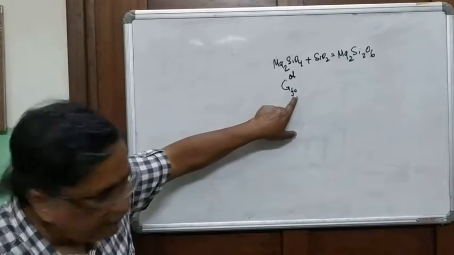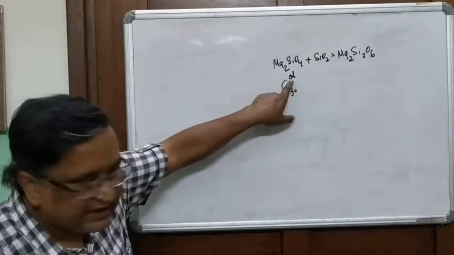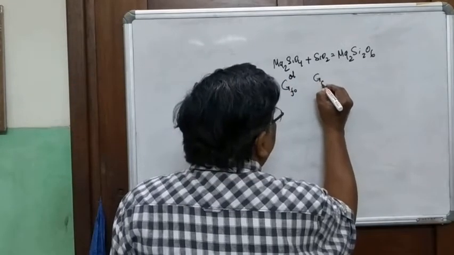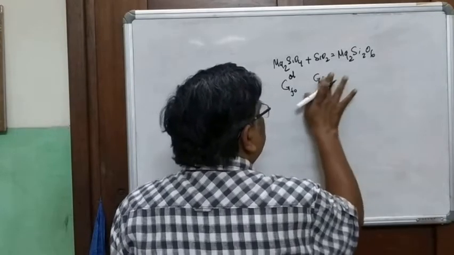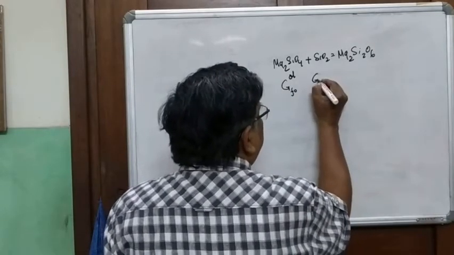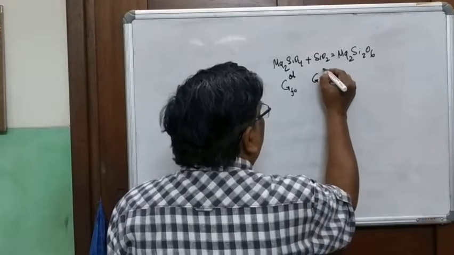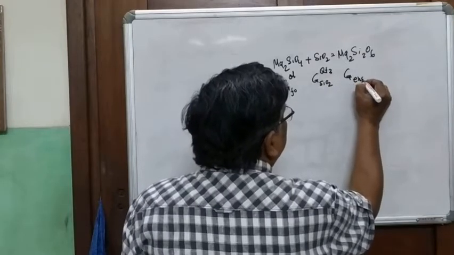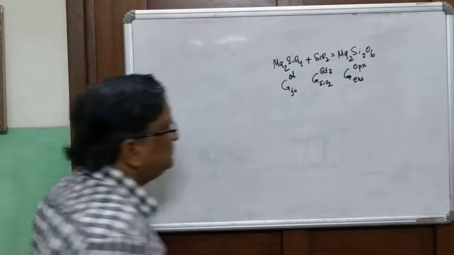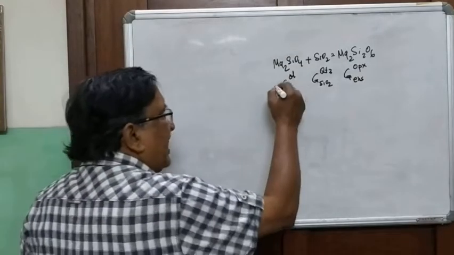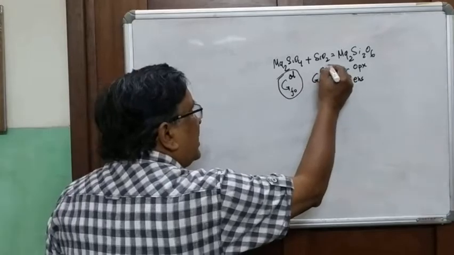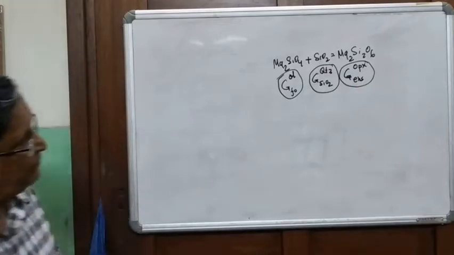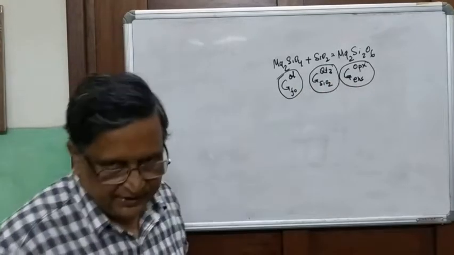The phase component is written with a lowercase and the phase starting with an uppercase. So here also you can write G of SiO2 in quartz, and you have G of enstatite in orthopyroxene. So Mg2SiO4 has a free energy term, SiO2 has a free energy term, and Mg2Si2O6 has a free energy term. These are the three free energy terms.